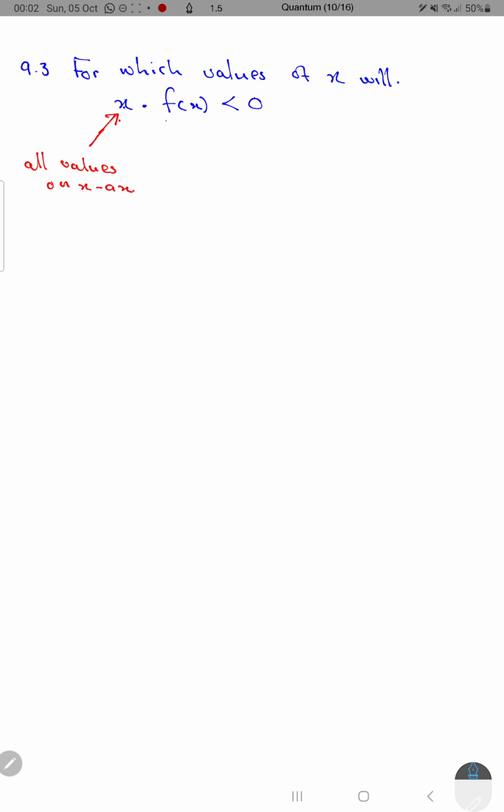And this f prime of x represents the gradient of the graph. And this last part is telling you it must be negative. So let's look at our graph again.